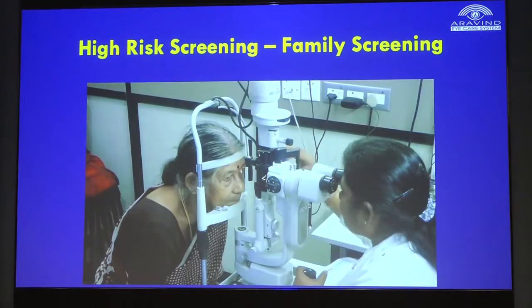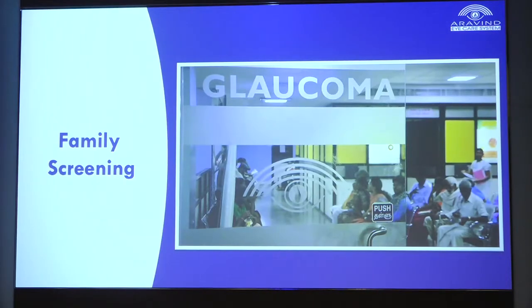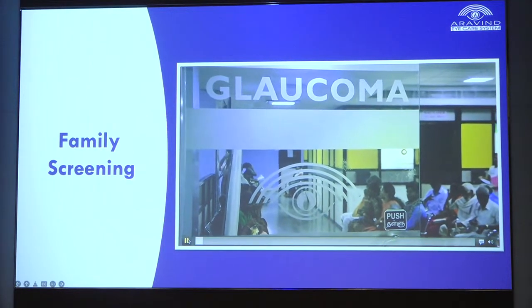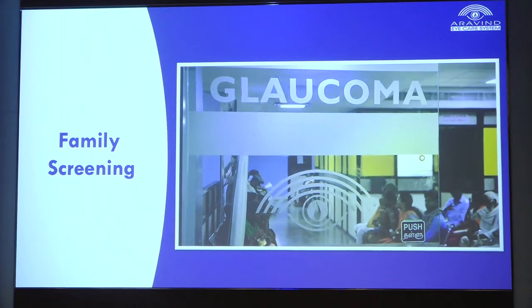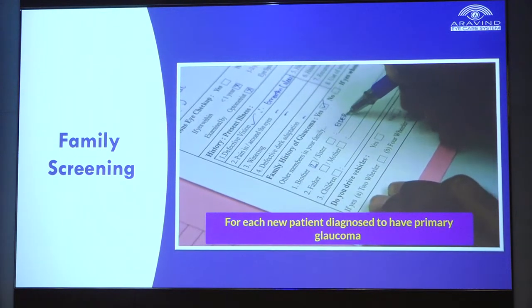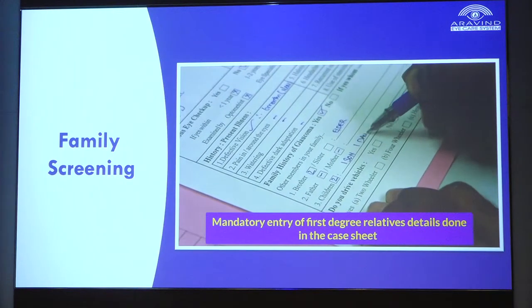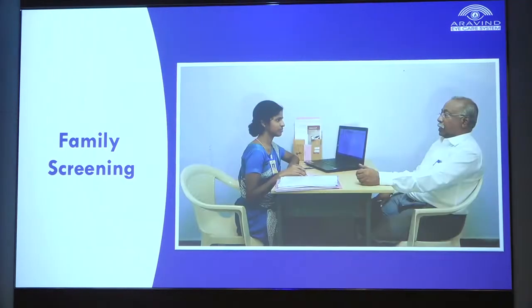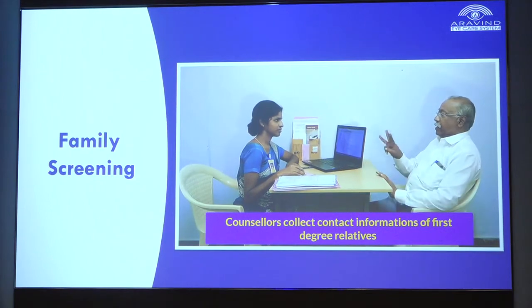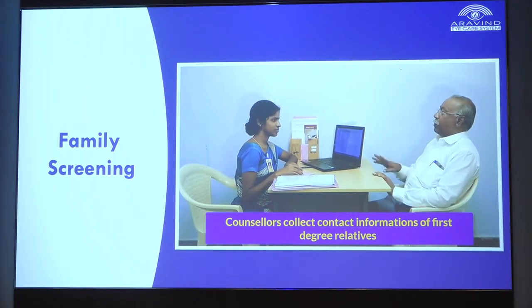So we thought we should do something better. And that's when we started this family screening model. First, it was more like paperwork like this. We have these case records where we enter all the information, and everything we entered into a software. Like your brother, sister, how many, we take their contact numbers.